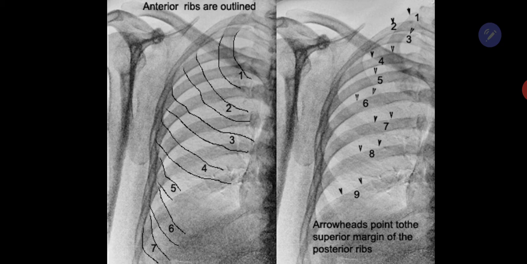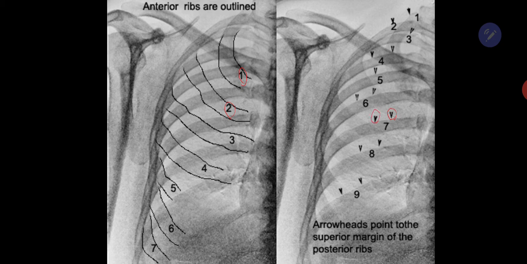If you see, these curved ribs are the anterior ribs, and you have to number 1, 2, see, and the arrowheads over here in this part of the image point to the superior margins of posterior ribs.